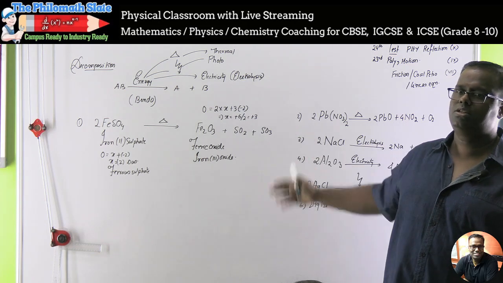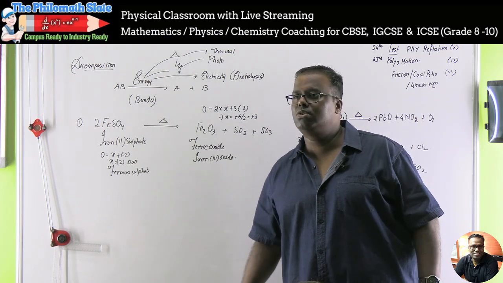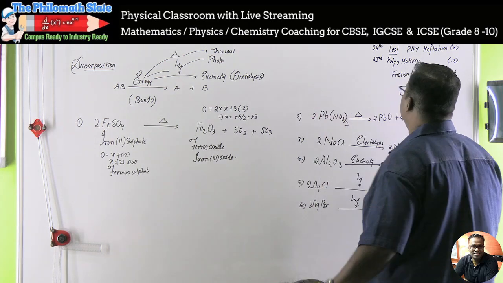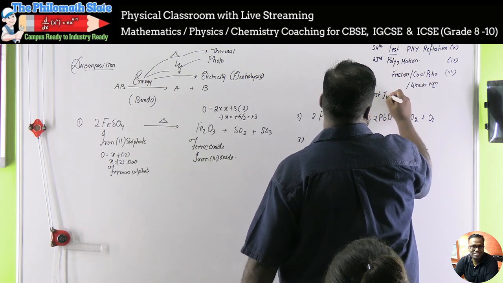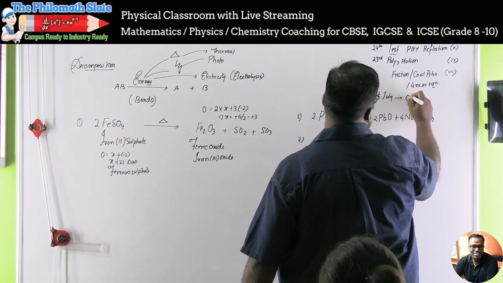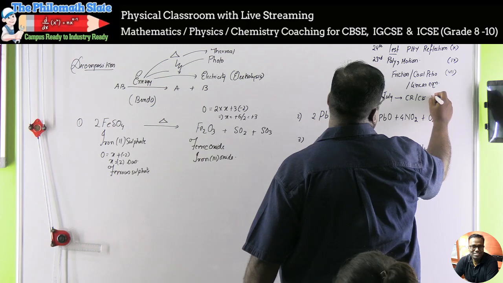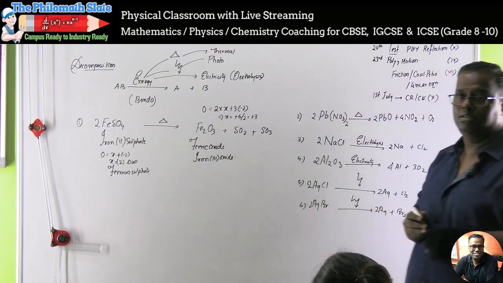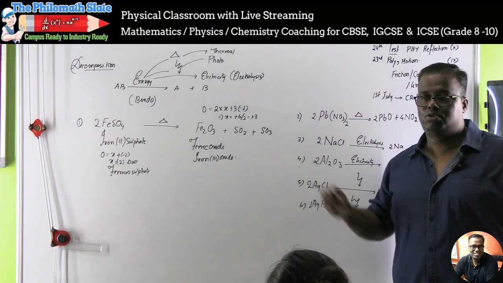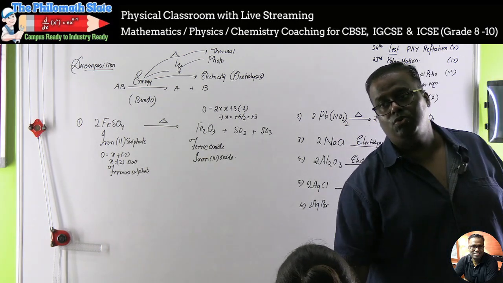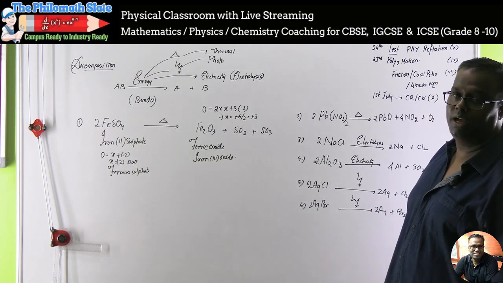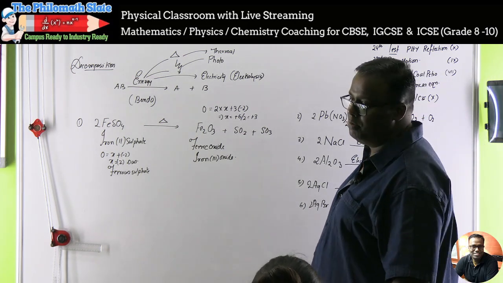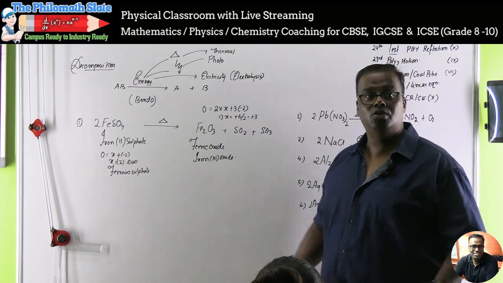So we'll have a test. 1st of July we will have a test on. ये लिख लो. अभी से तुम्हारा हालत खराब कर दूंगा. 1st July we will have a test on chemical reactions and chemical equations, grade 10.